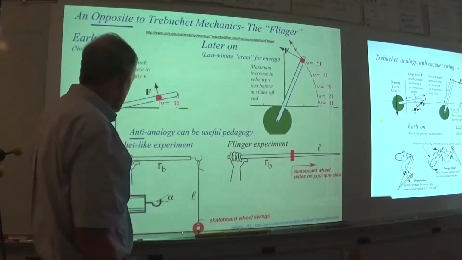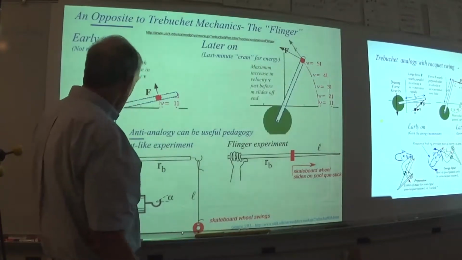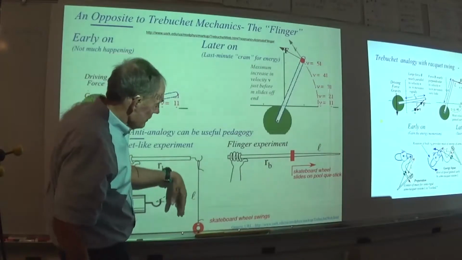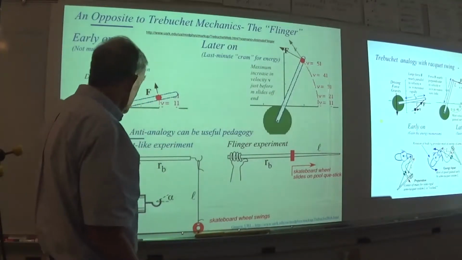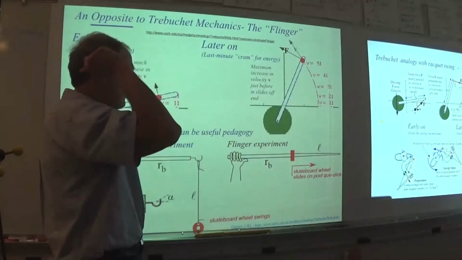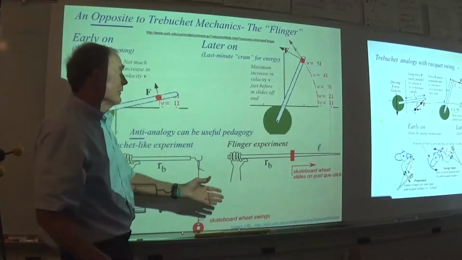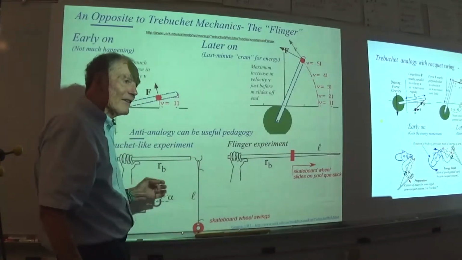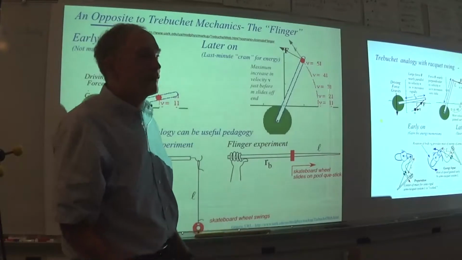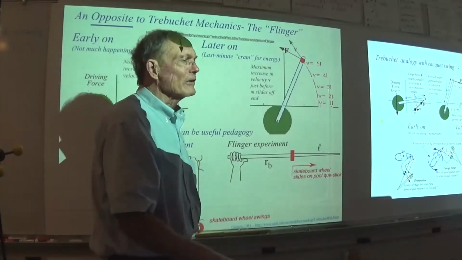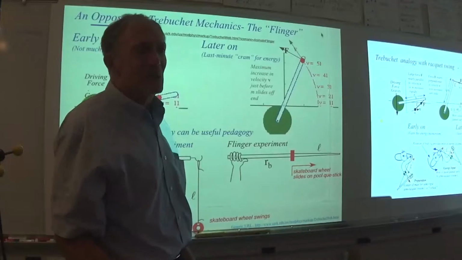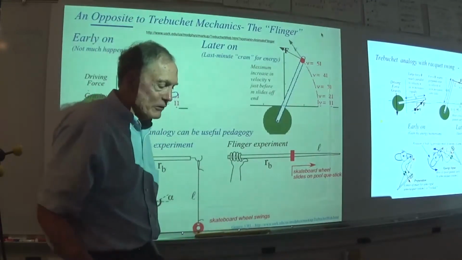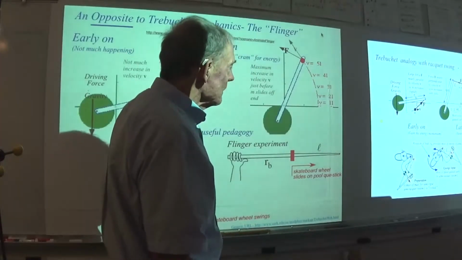So the idea is to compare a trebuchet-like experiment where you cut the pool cue in half, put a hook in it so the thing can swing, and then you throw that. The trouble is, this takes practice. This one you do right the first time. This is simple. This is more difficult. And that's true of all the lever sports. If you try to force things at the last minute, you're not aiming well and you're not getting much energy. So that's the purpose of this sort of picture here.